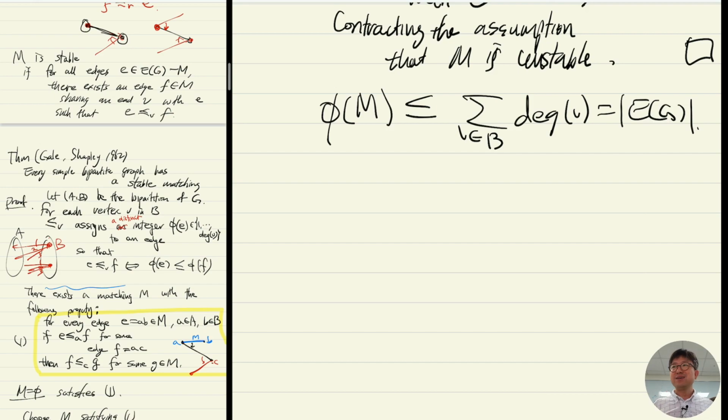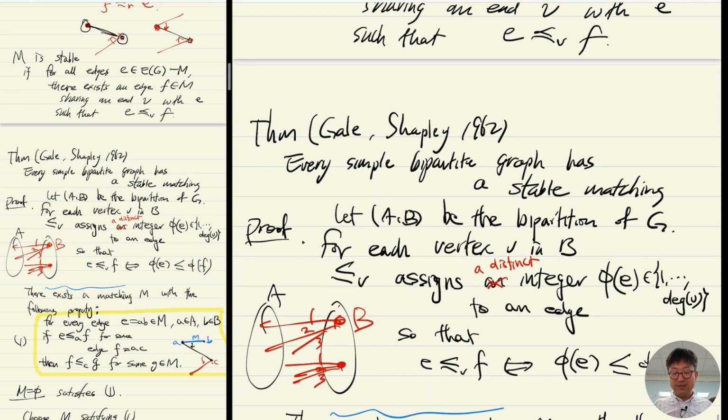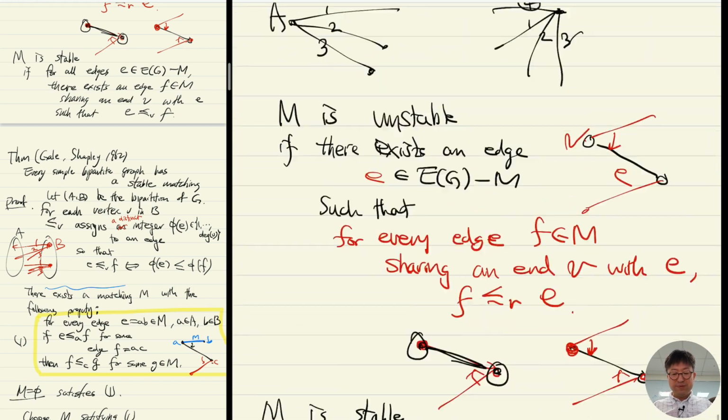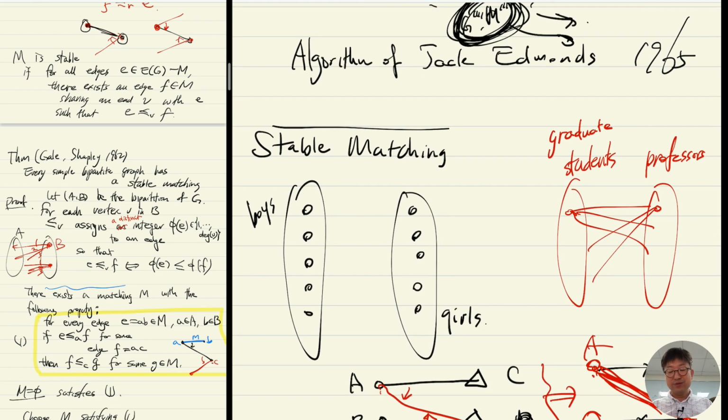Okay, and this has been used in many places and has many applications, and that's why the Nobel Prize was awarded. A few years ago in the CS department, they used a stable matching algorithm to assign students to professors, and in the US, after medical school, the students are assigned to hospitals to do residency, and this assignment is also made using a variation of this algorithm to assign stably.